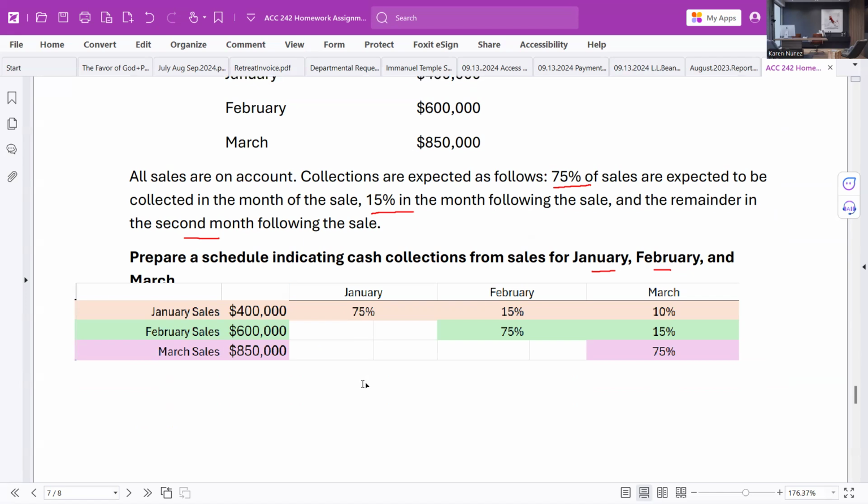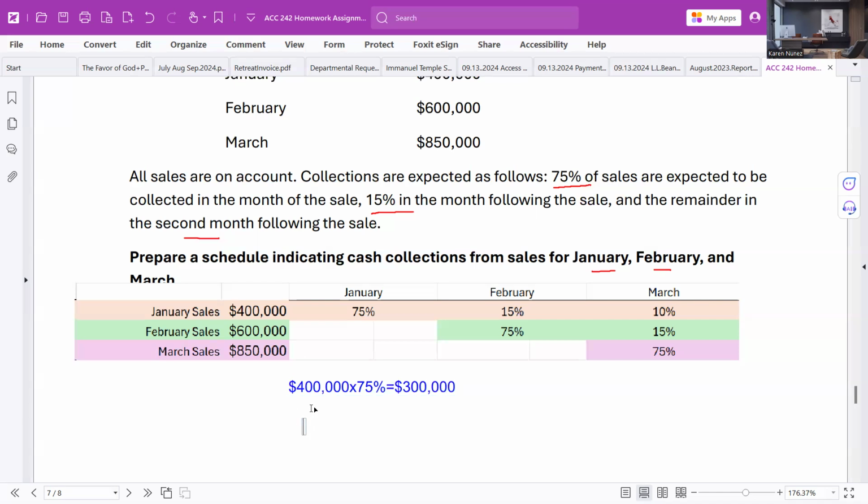So in the month of January, what we're going to be collecting on is 400,000 times the 75%, which is exactly 300,000.